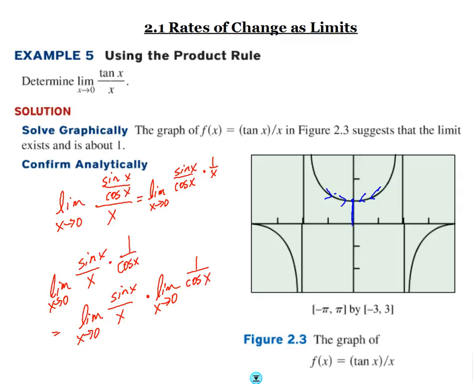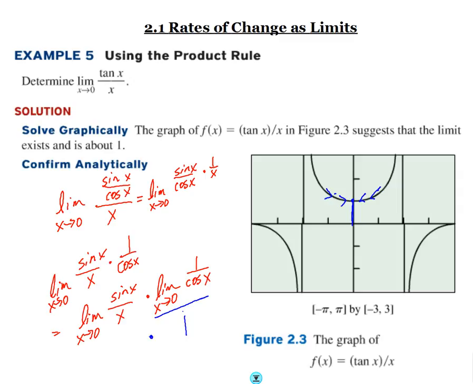Now hopefully you remember your unit circle stuff. When I put in 0 for x, I get cosine of 0, and cosine of 0 is 1. So this piece of my limit is equal to 1.